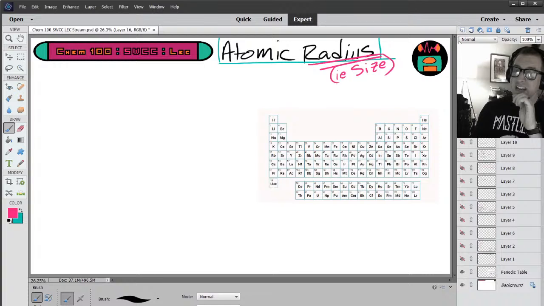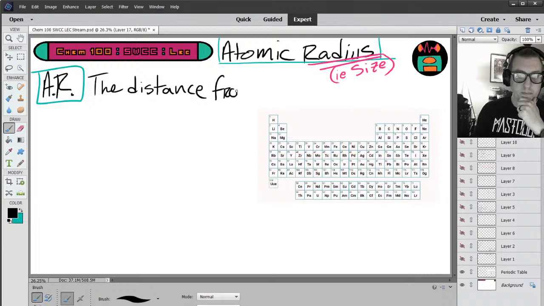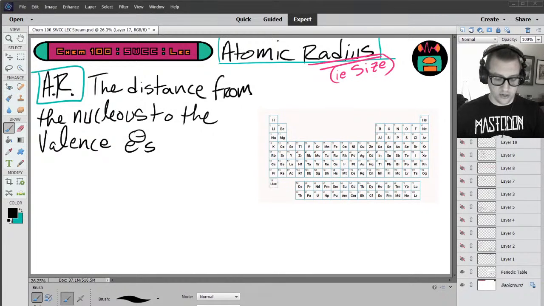All right. Now, the definition for atomic radius is the distance from the nucleus to the valence electrons, which are the electrons in the highest energy shell.